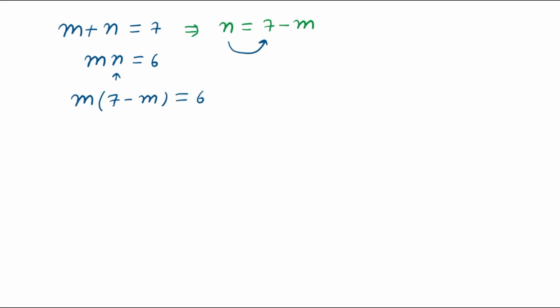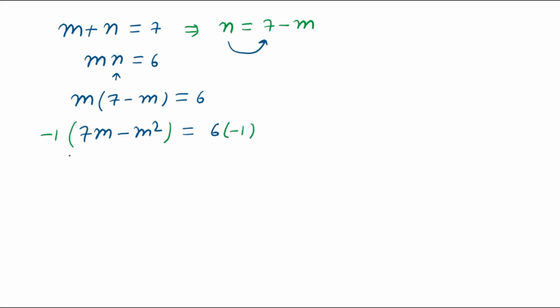M is multiplied by 7, then 7m, and m is multiplied by minus m, then minus m², and this is equal to 6. In the left hand side the coefficient of m² is negative, so first we want to make the coefficient of m² positive. So multiply both sides by minus 1.